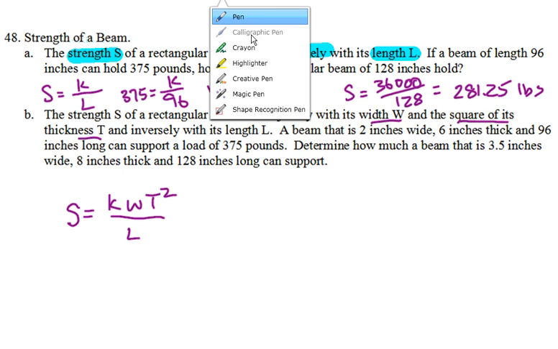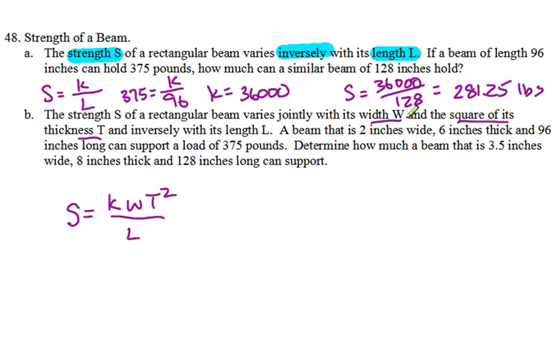Now we're going to take that first set of information to figure out K. So it's all of this part. All right, so let's go ahead and get that in the formula. We're 2 inches wide, we're 6 inches thick, we're 96 inches long, and we can hold 375 pounds.